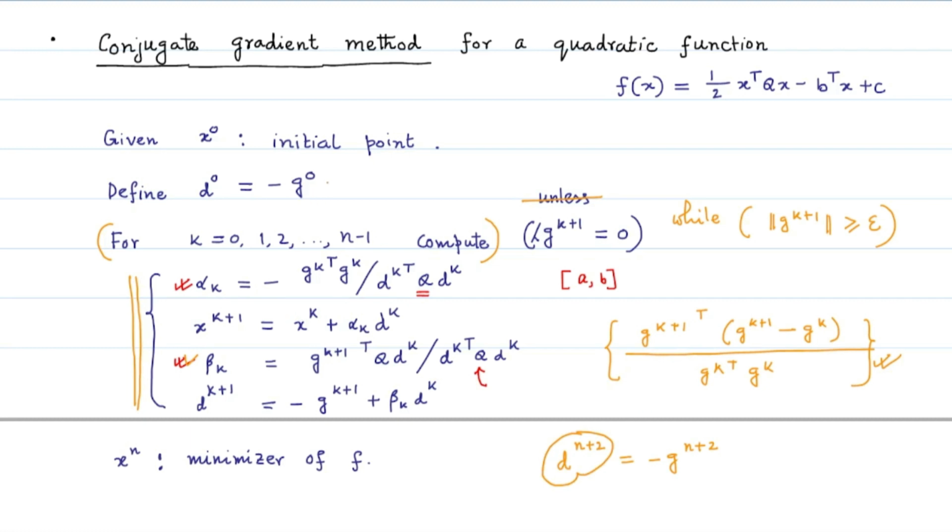For a quadratic function, we just consider the initial vector to be the negative gradient, but for a non-quadratic function, in every n plus 2 iterations, or 2n iterations, or n plus 5 iterations, you reinitialize the vector dk as the negative gradient at the point xk, and keep evaluating all these steps in the while loop until this stopping condition is satisfied. So for a non-quadratic function, this reinitialization of the direction is an important issue.